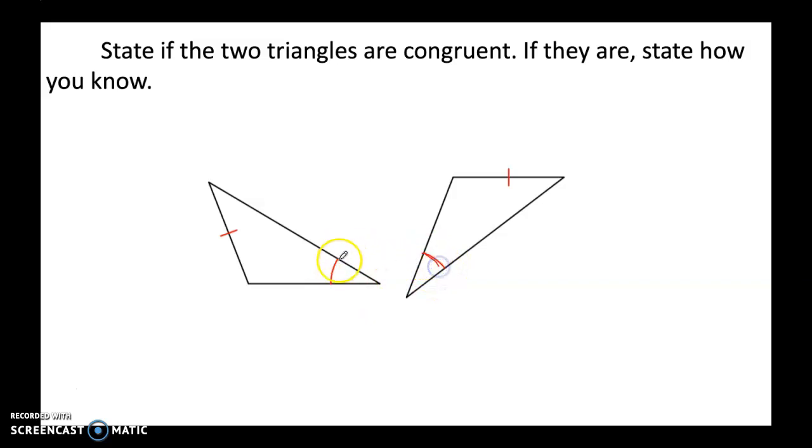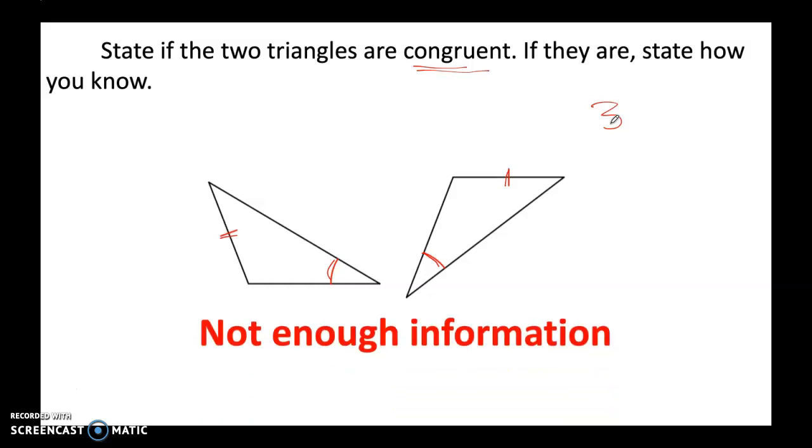We have one on the given angle and one on a side. In order for us to determine that the two triangles are congruent, we need at least three parts of the triangle. So therefore, we cannot determine that the two triangles are congruent. There is not enough information.